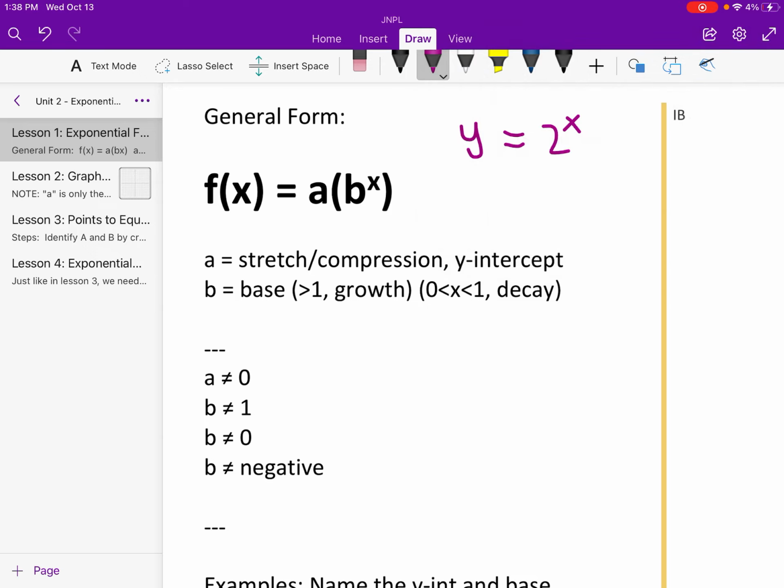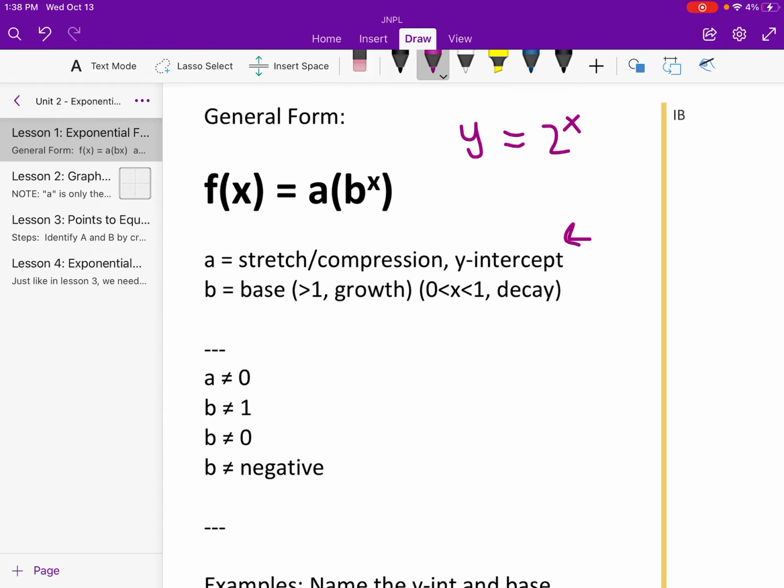So a is the stretch or compression, so it affects how the graph is shaped, but also it is the y-intercept. Now, keep in mind that it's only the y-intercept if there's no transformations, and we'll talk about that a little bit in the next video when we graph them.